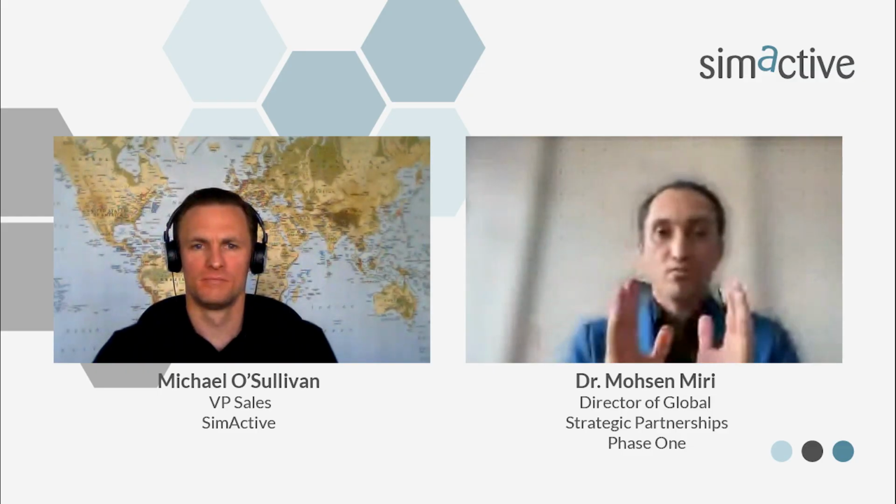If you can run one project with 10,000 images in that specific time, but now you have more projects, tens of thousands of projects, you cannot wait for the next release of SimActive to bring a faster solution for you.